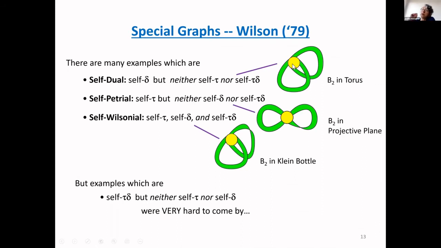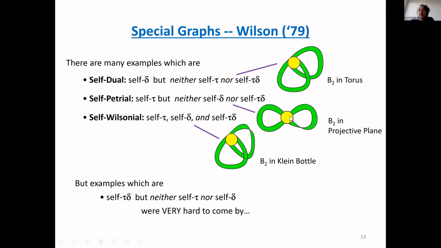That's self-dual. That's the graph that we saw a couple of slides ago. It's neither self-petrial. If you twist both of these edges, you're not on an orientable surface anymore, so it can't be the original graph. And it's also not self-trial.